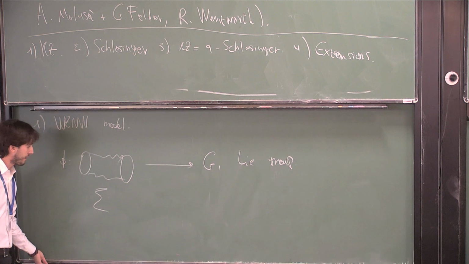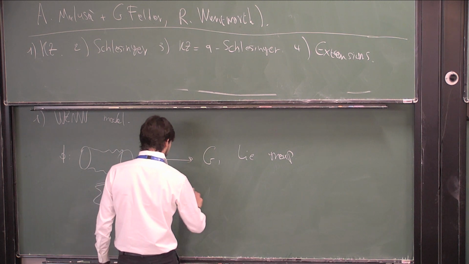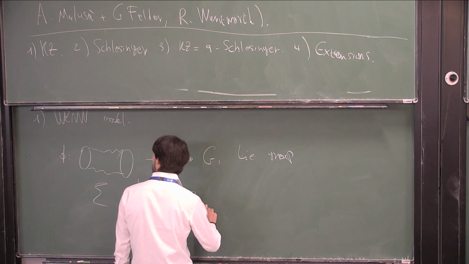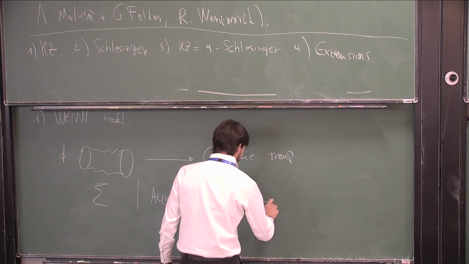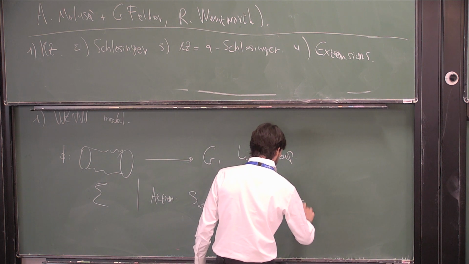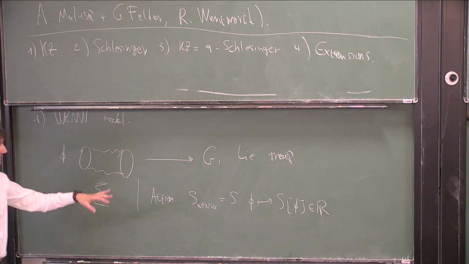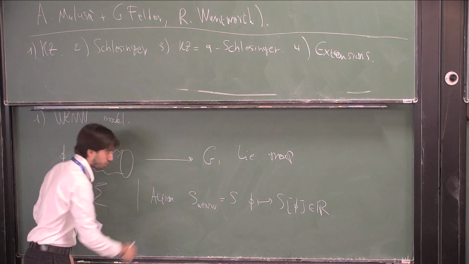And so now you have an action, which is a functional S, the Wess-Zumino-Novikov-Witten action, mapping such fields to numbers. This is supposed to be a combination of the energy of the field defined in some standard way, plus a Wess-Zumino term.